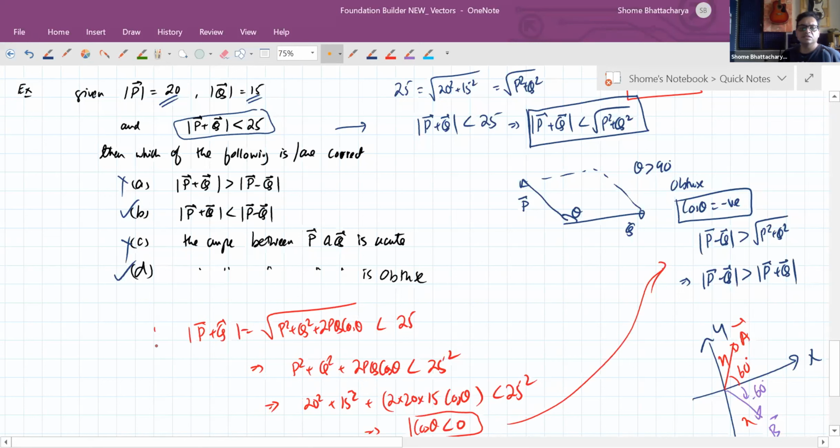Okay, but all this extra working you can skip by just directly visualizing that the moment you are having this condition, you just visualize the parallelogram is of this type. This diagonal is the shorter one, this diagonal is the longer one. Have you understood this, people?